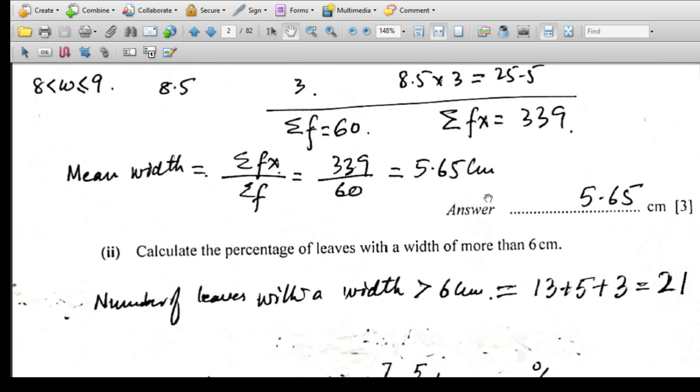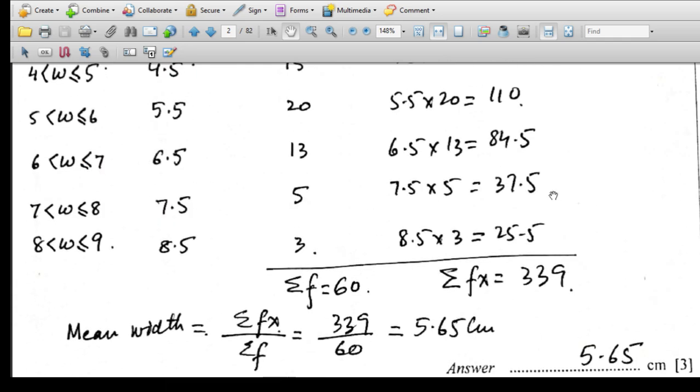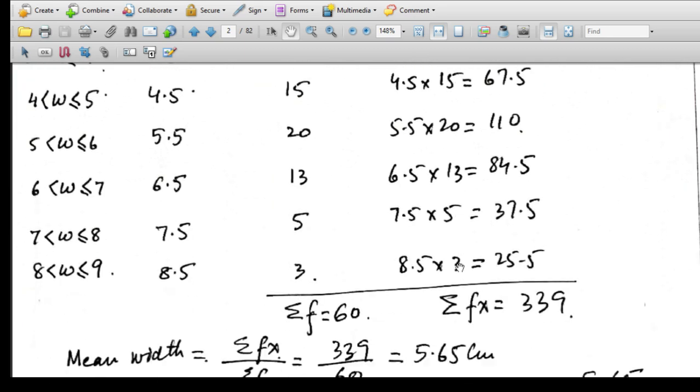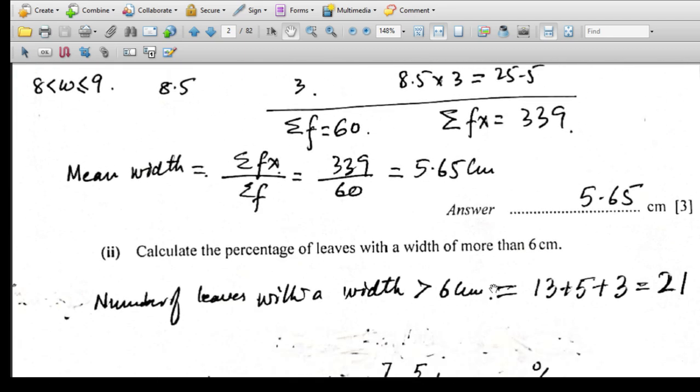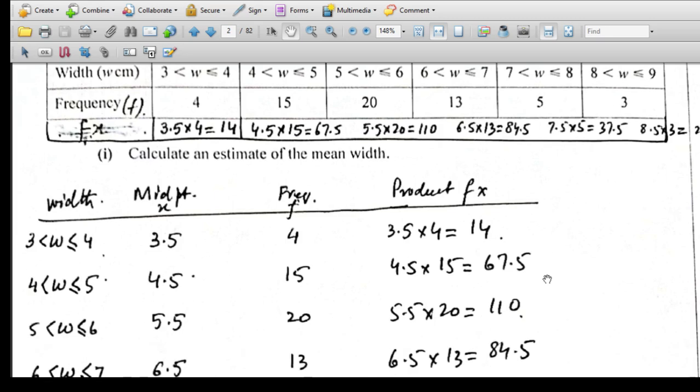In part B, we have to calculate the percentage of leaves with a width of more than 6 centimeter. We look at the number of leaves more than 6 centimeter: 13 plus 5 plus 3, which is 21.